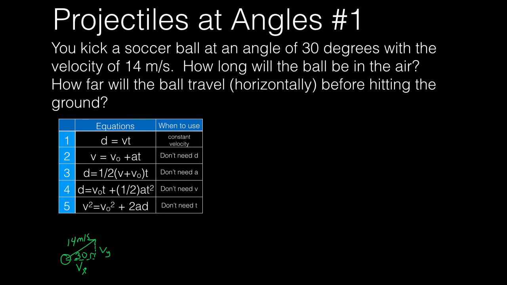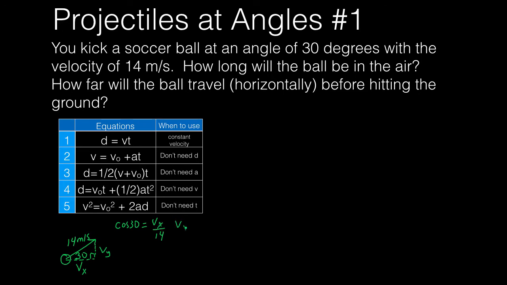I'm going to do v sub x first. It's the side of this right triangle that's adjacent to your angle, and we've got the hypotenuse, so that will be cosine. Cosine of 30 is equal to the adjacent, which is v sub x, divided by the hypotenuse, which is 14. If we multiply both sides of this equation by 14, we can isolate v sub x.